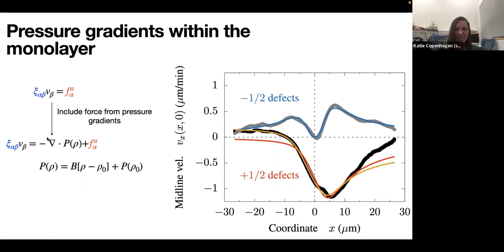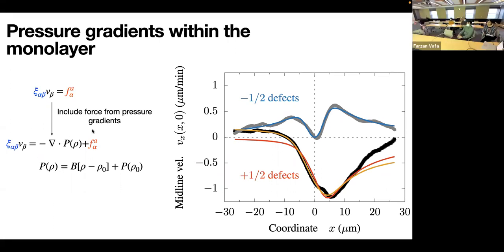You can include this in the model, and then when you do that, you get this yellow line as your fit. So it's not essential to explain the layers forming at positive defects and holes at negative defects, but it does explain some parts of the experimental data if you include this pressure gradient in your model.